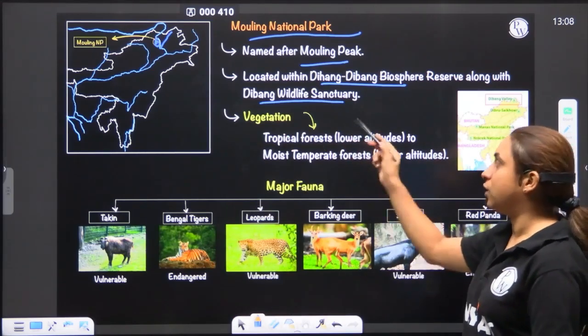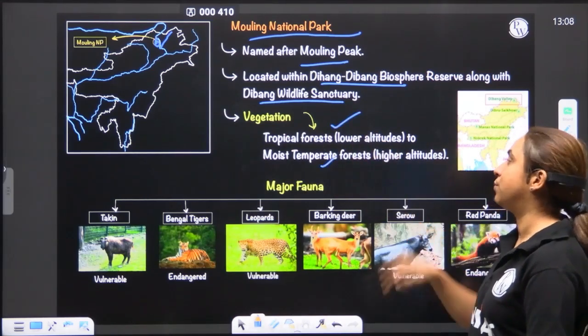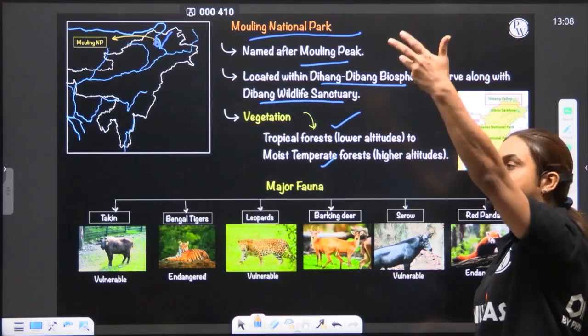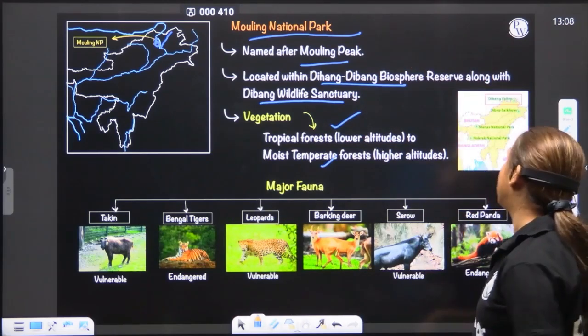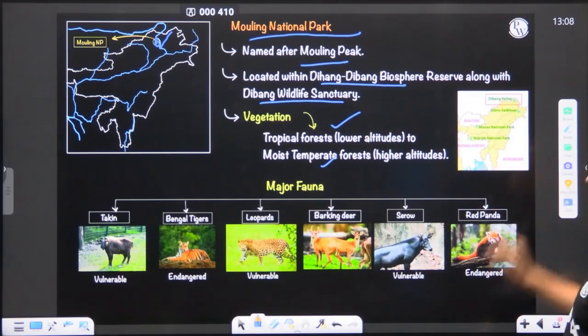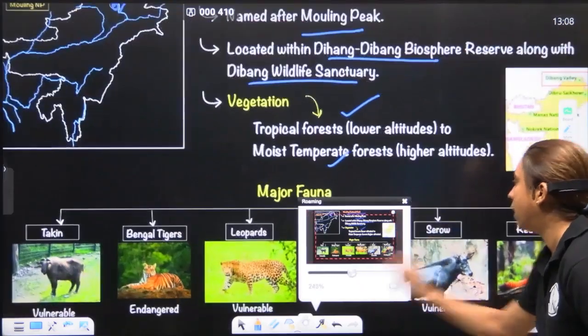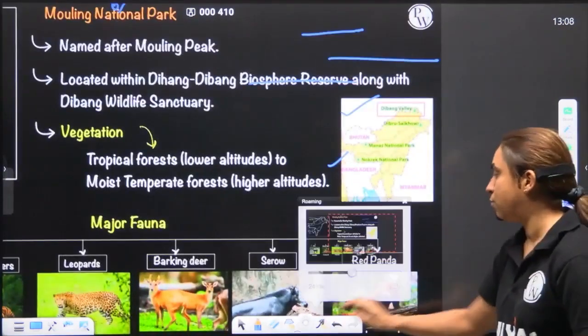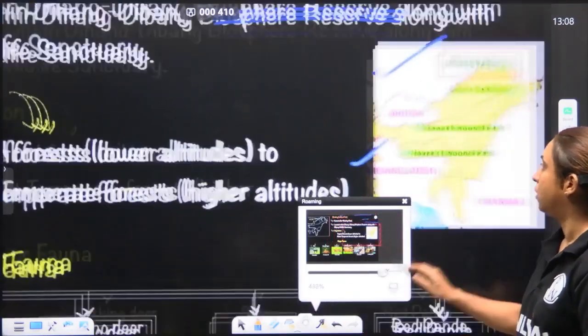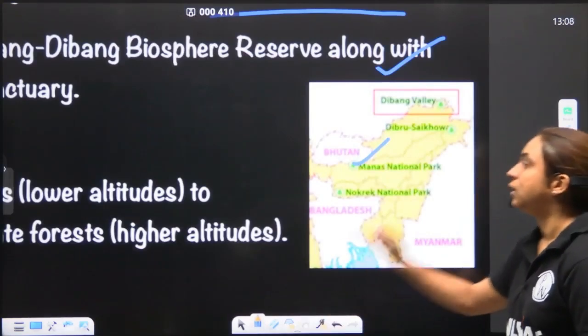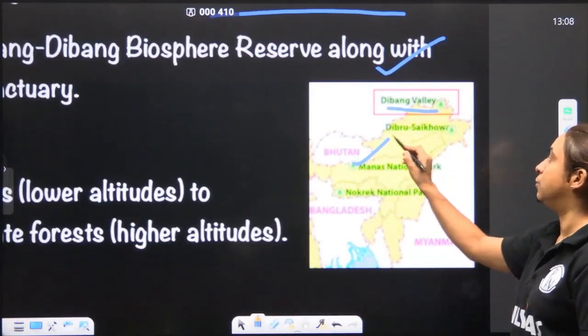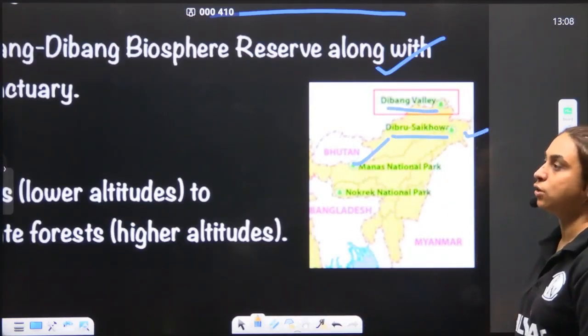Here, the vegetation, again, you will have tropical forest, moist temperate forest. At the higher altitude, you will have a temperate forest, and at a lower altitude, you will have tropical forest. You can see here, in case you want to see where you have this. So these are the important national parks that you have along the Brahmaputra. You will see here you have Dibang Valley, Dibru-Saikhowa, we've already done Dibru-Saikhowa.